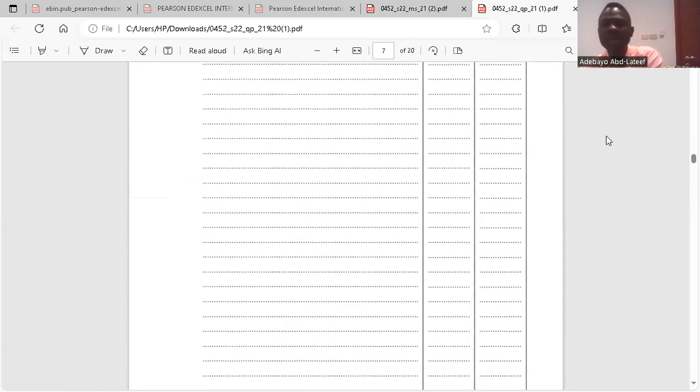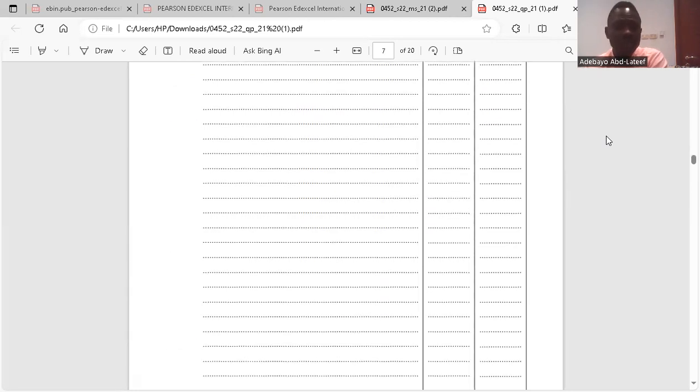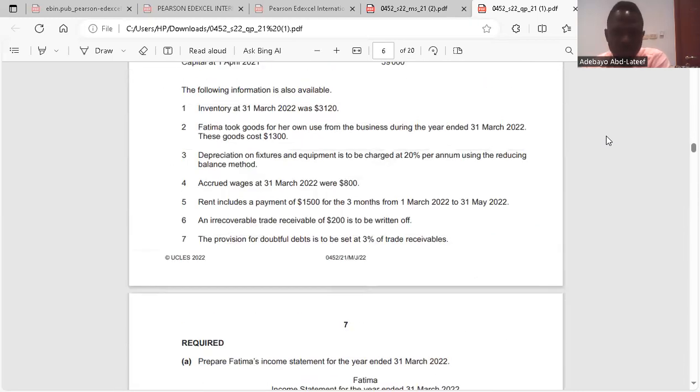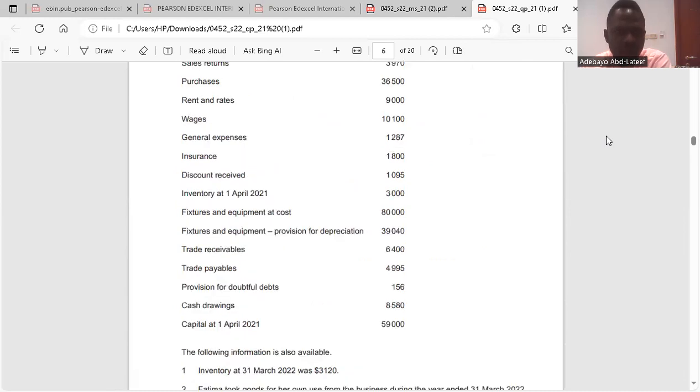So now we have to prepare the capital account. On the debit side of our capital account, we have drawings. On the credit side, we have our balance and we add profits to it. For drawings, we have cash drawings of 8,580.